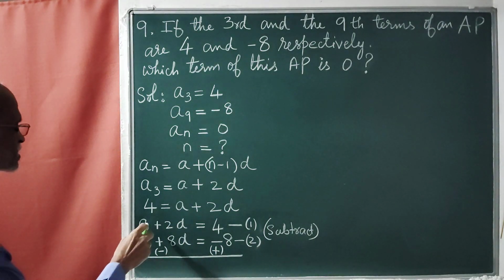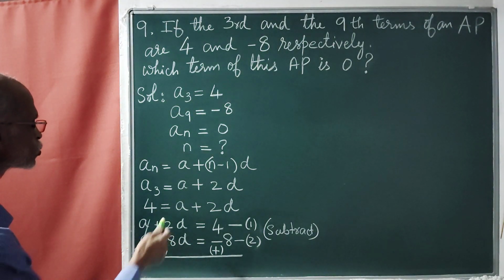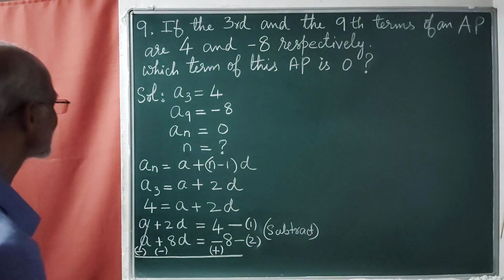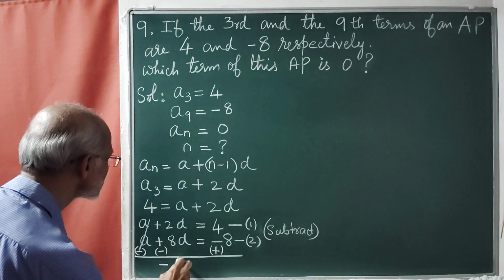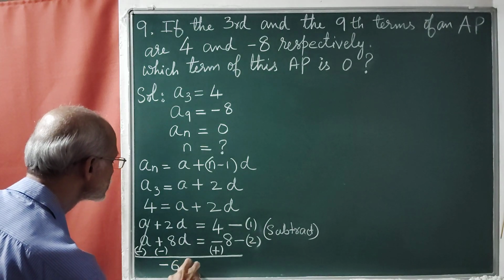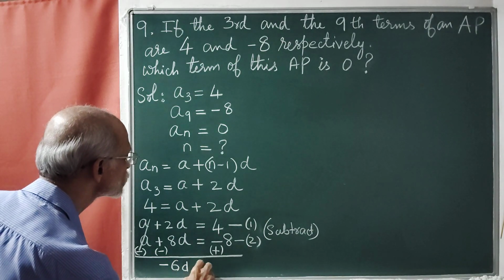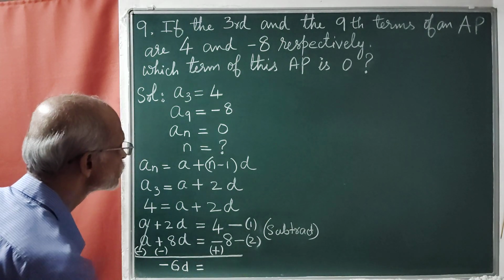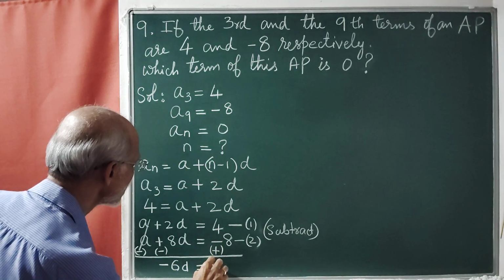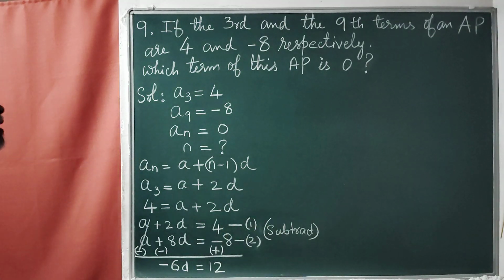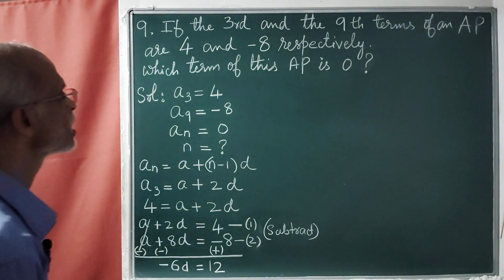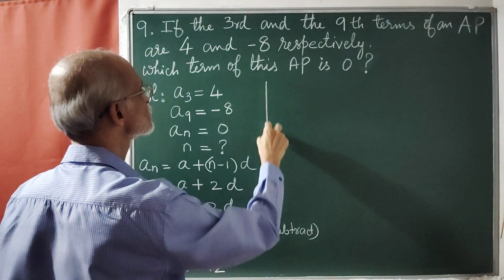So plus A minus A cancelled there. So 2D minus 8D will get minus 6D. That's equal to, we'll get 4 plus 8, that is 12. Minus 6D is equal to 12. Now I'll divide both sides by minus 6.